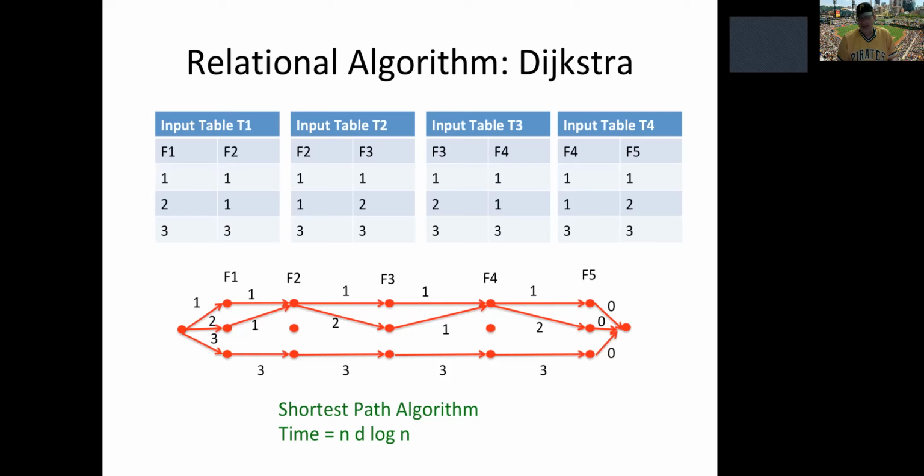You can actually do this in roughly n log n time using Dijkstra's algorithm or something like that. So this is an example of a relational algorithm. It doesn't explicitly do the joins, but it still solves the problem.